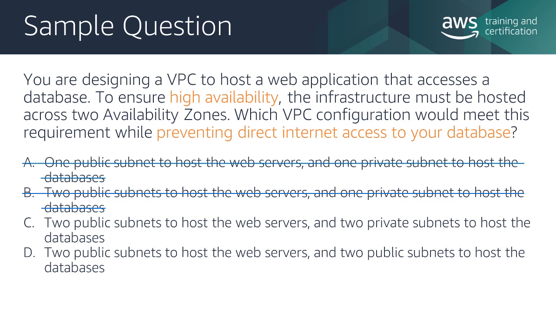Now, both C and D both have 2 and 2, but take a look at the actual types of subnets. Option D, 2 public subnets and 2 public subnets to host the databases? No, we want the databases in a private subnet so they cannot, in fact, have direct access to the internet. That is option C. Next question.